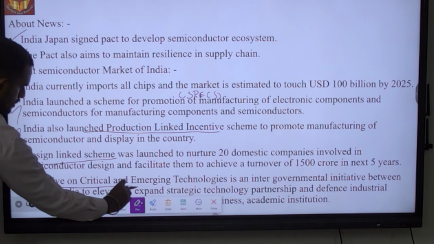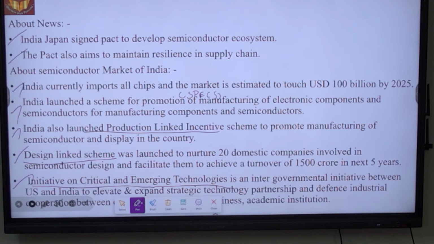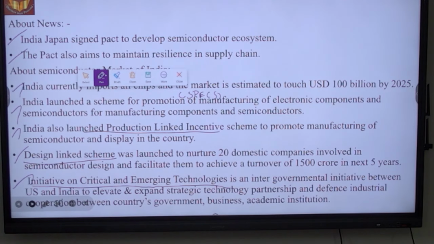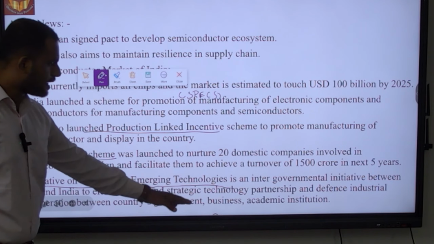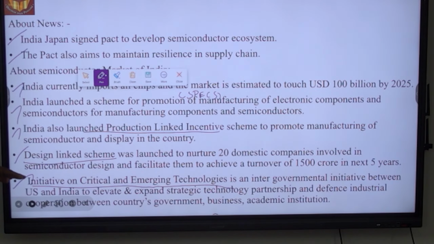The Initiative on Critical and Emerging Technology is an intergovernmental initiative between the US and India to elevate and expand the strategic technological cooperation and defense industrial cooperation between business, academia as well as governments.